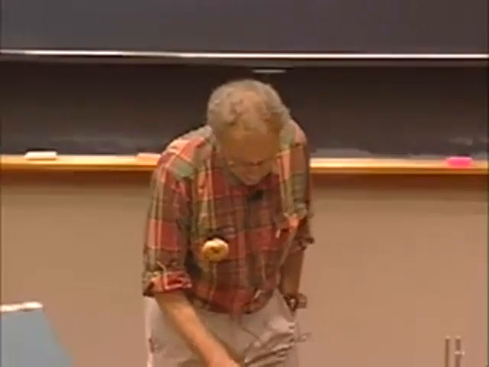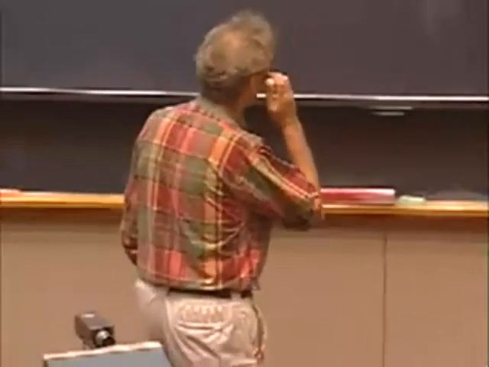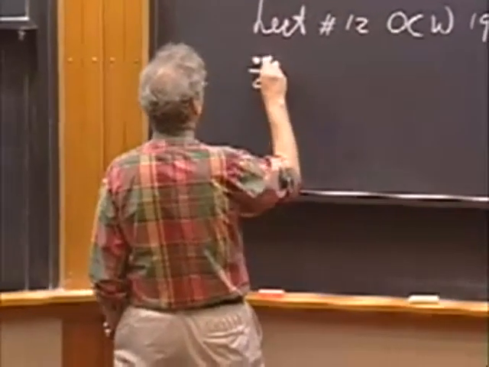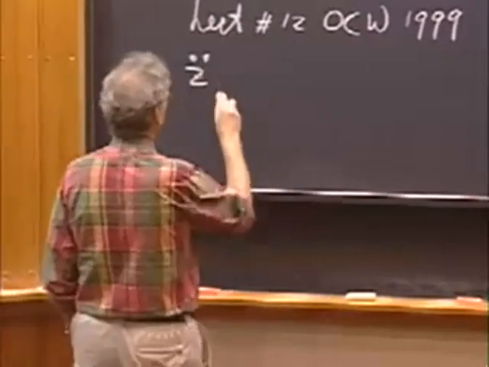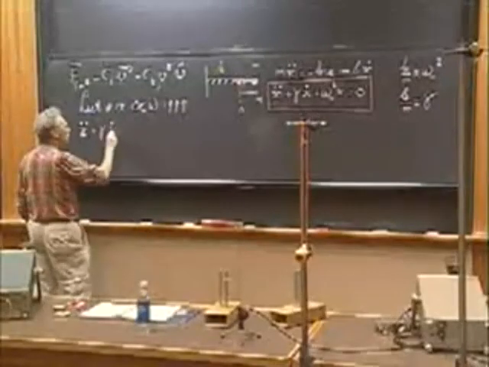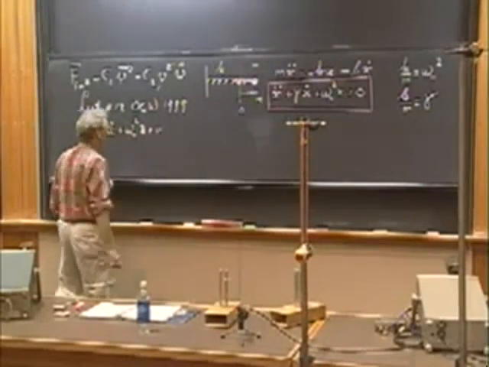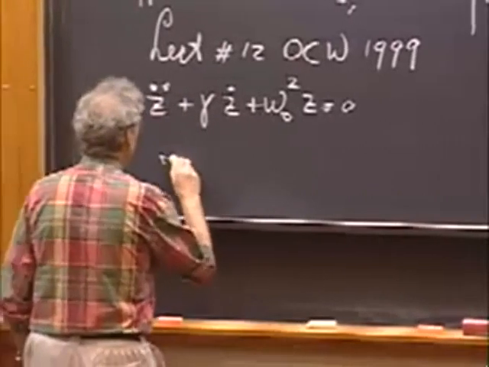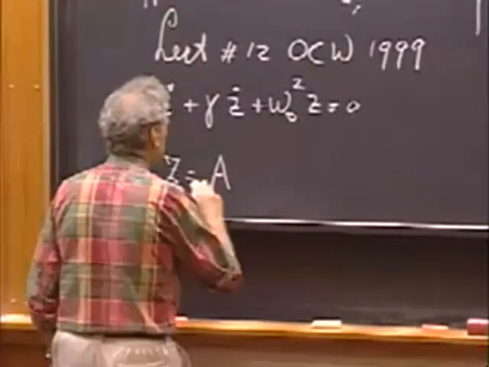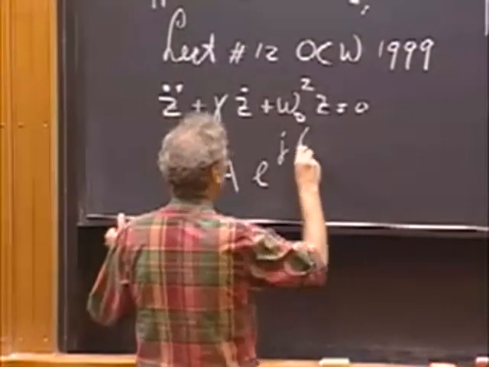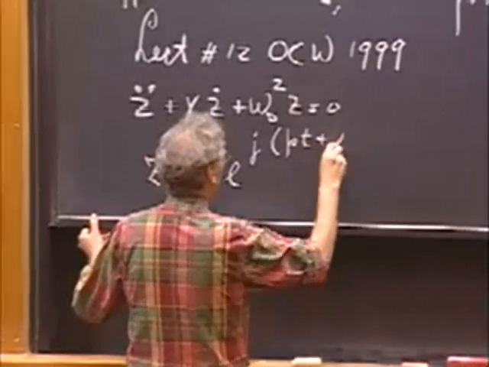We're going to jump to the complex plane. This is a beautiful example where the complex solutions really come in handy. So I'm going to change this equation to z, which is now a complex notation: z double dot plus gamma z dot plus omega 0 squared times z equals 0. And then z, my trial function, is some amplitude A times e to the power j(pt plus alpha).